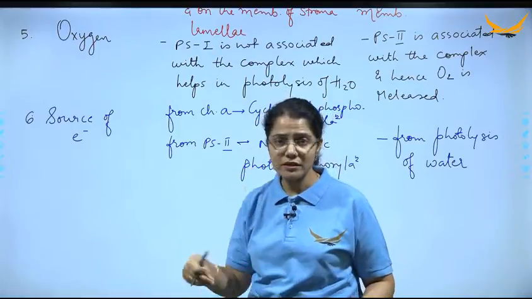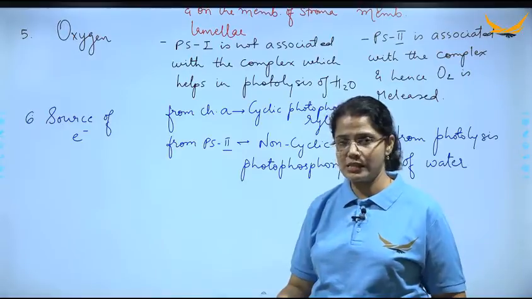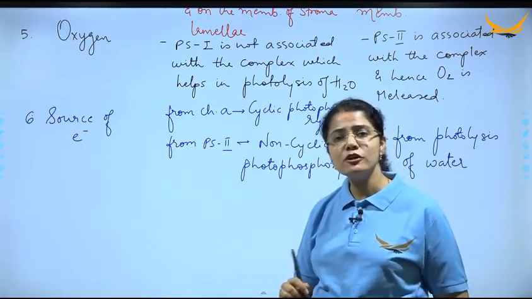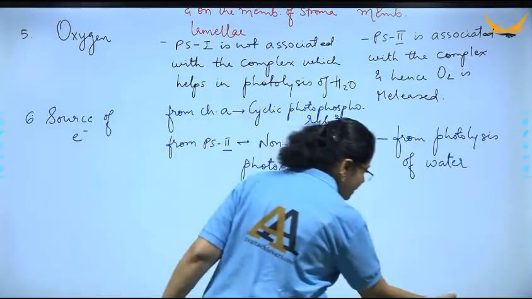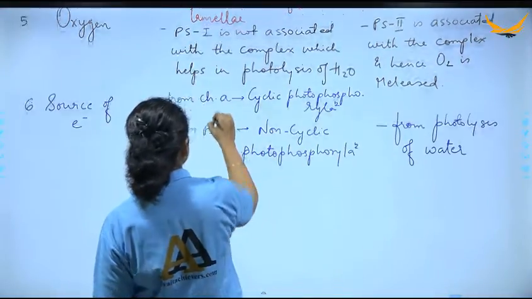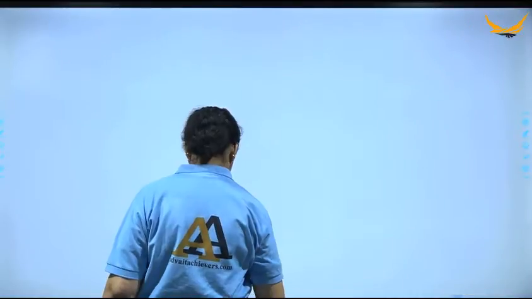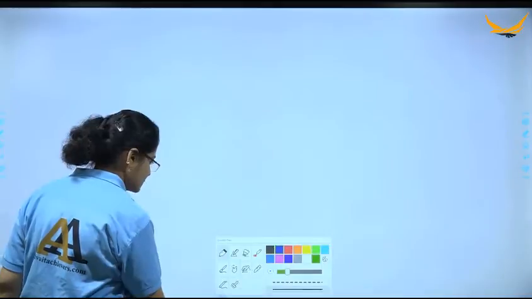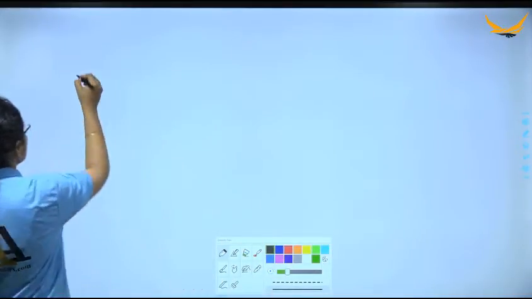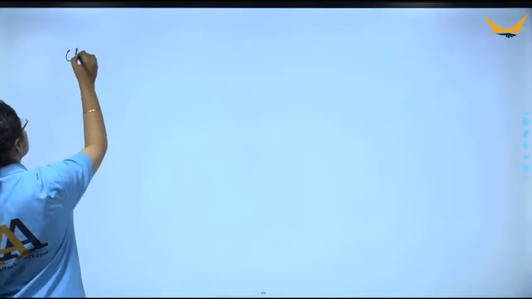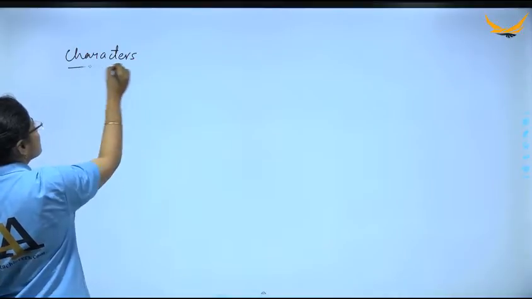In the next part, we are now going to compare the two processes, that is cyclic and non-cyclic photophosphorylation. Okay, same way we are going to compare. So same way we will take up characters. On one side we will take up character on which we are going to compare.